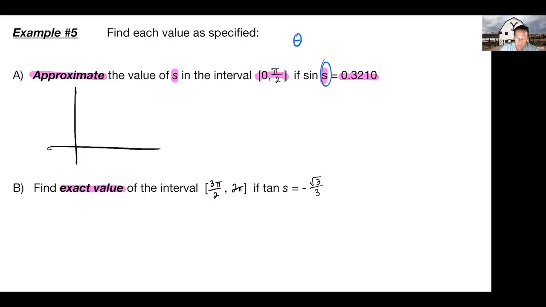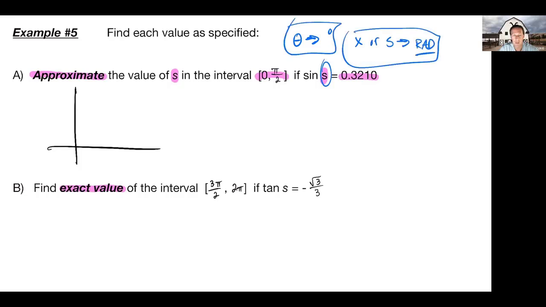Usually they'll use the symbol that really looks like a degree. If they want it as a real number, a radian, then they'll either use X or, for now, S. Right? So when we're dealing with these, make sure that you also use what was given. They told us between 0 and pi over 2. So we definitely know that we're in quadrant 1 and in terms of radians. So how are we going to do this?